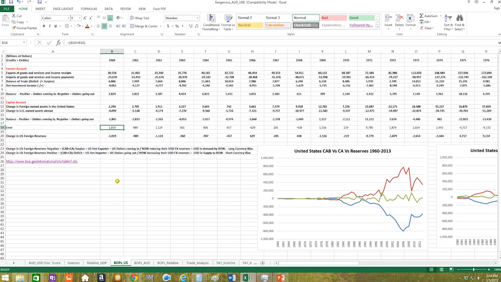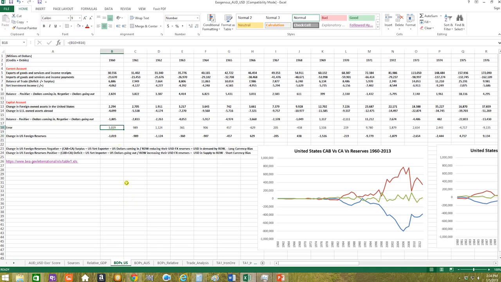The US is a net exporter, which means that more US dollars are coming in than going out of the United States. So relatively, the rest of the world is reducing their US dollar FX reserves by the same amount. So US dollars abroad in aggregate are depleting by this amount, which means the US dollar is in demand.